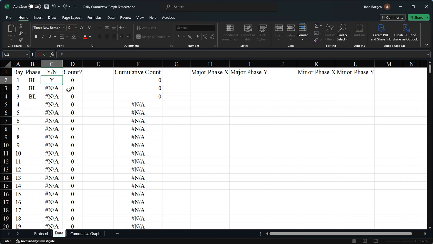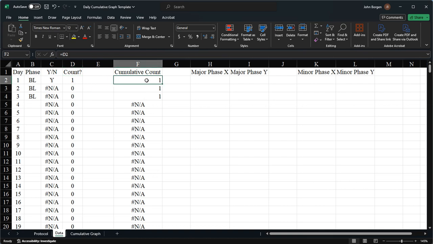I hit my caps lock and hit a Y and hit the down arrow, and now you see. It looked to the left, it said, oh hey, that's a capital Y, behavior happened. I changed to a 1, then these changed to 1s as well, because that one is saying, is this a 1? And then this box is saying F2 plus D3. I take this 1, I add this 0, and I become a 1.